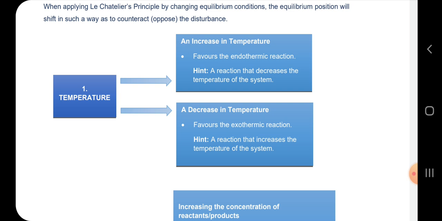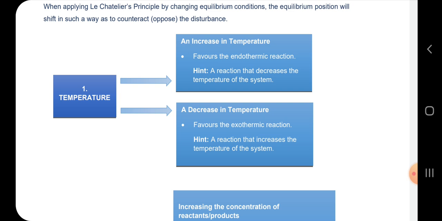So meaning the reverse will happen there. A reaction that decreases the temperature of the system will happen. You are trying to increase the temperature, right? But the reaction that will decrease the temperature that you're trying to increase will happen. So what you are trying to do will not happen. So that is the endothermic reaction.